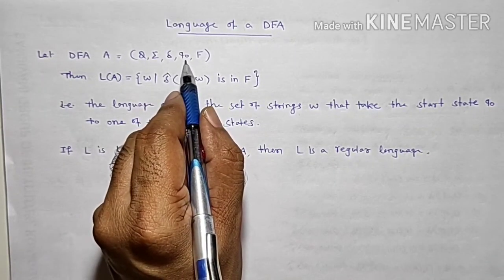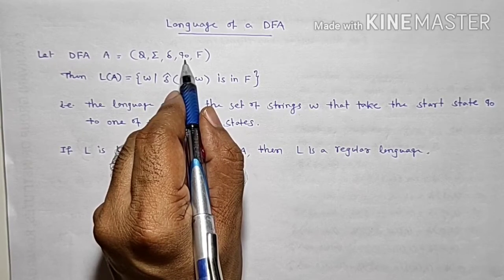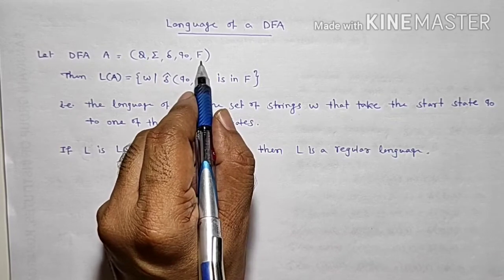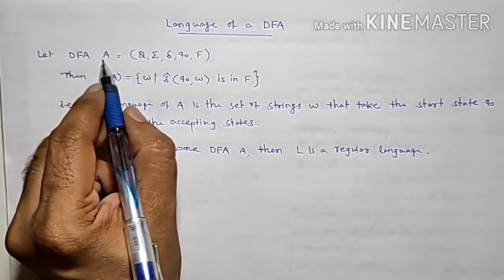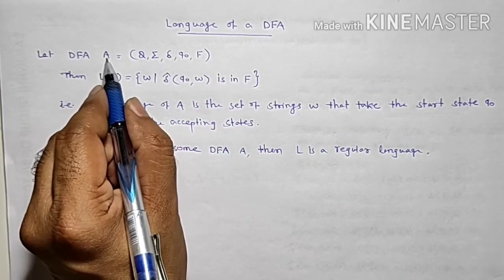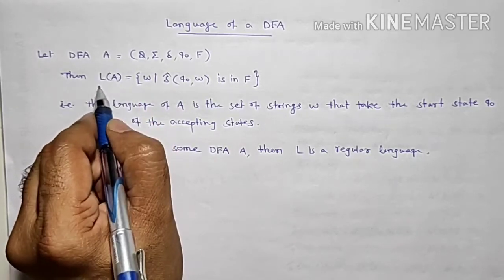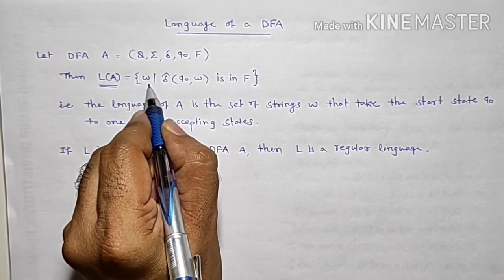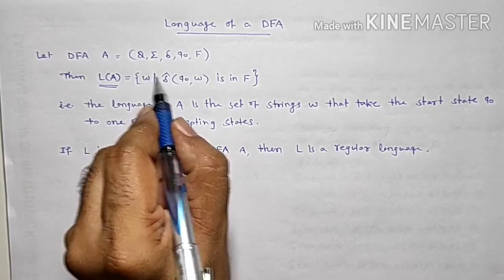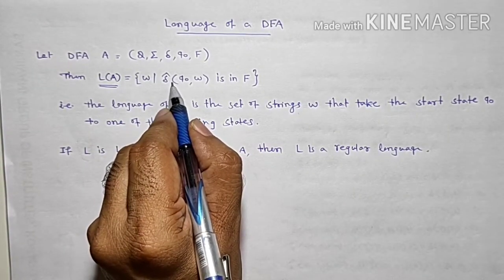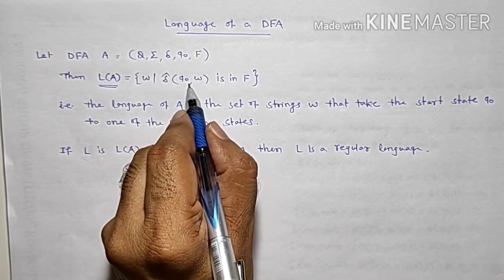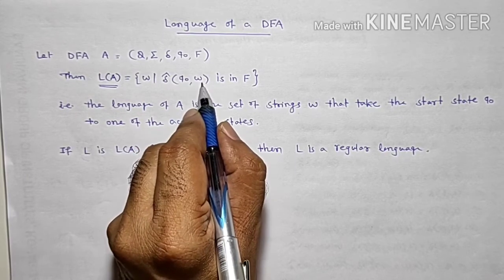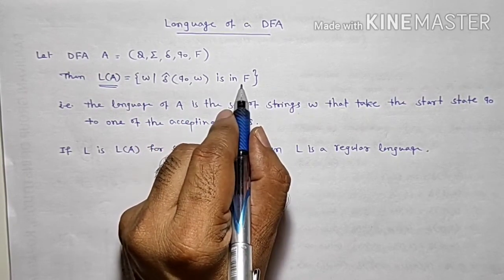Q0 stands for the start state or initial state of the DFA, and capital F stands for the set of final states of the DFA. If this is the DFA which is defined as A, then the language of A is denoted as L of A. It is the set of all strings W such that the extended transition function from Q0 on W is in F.